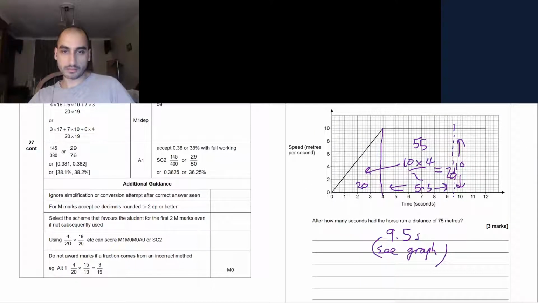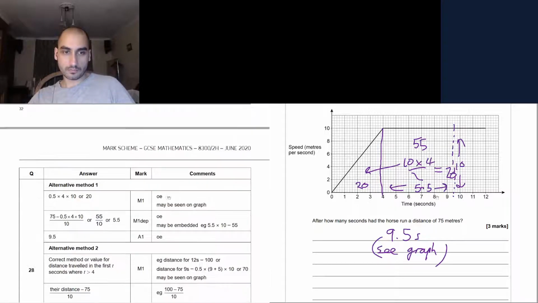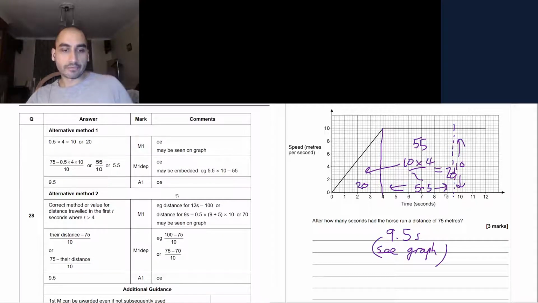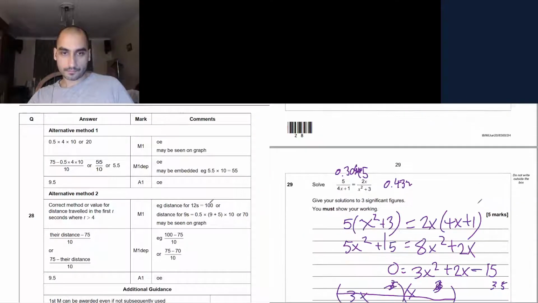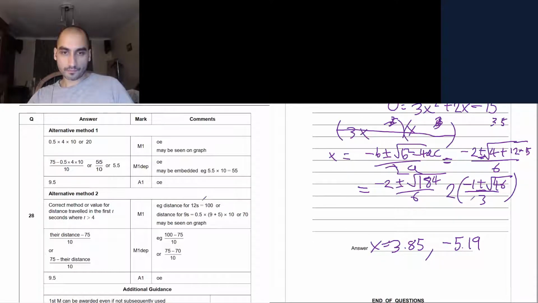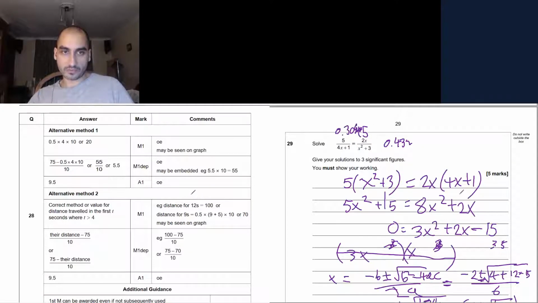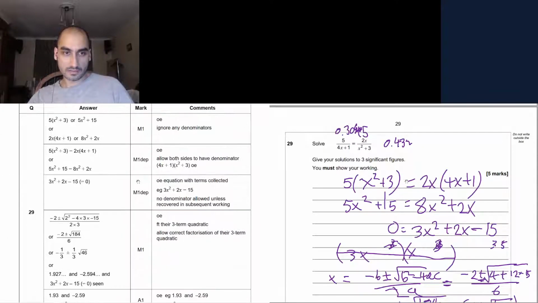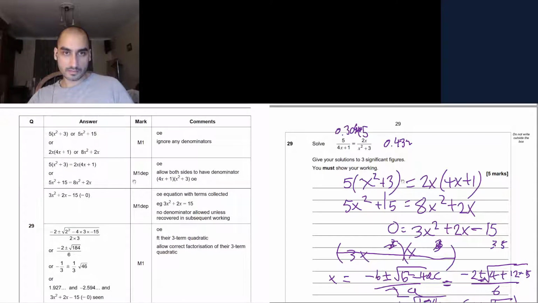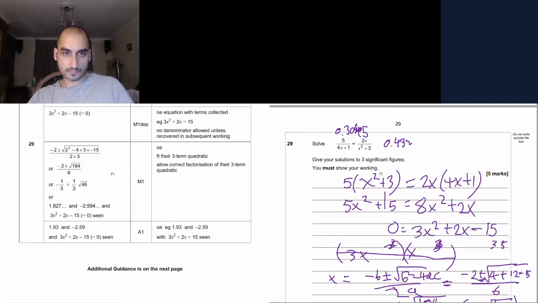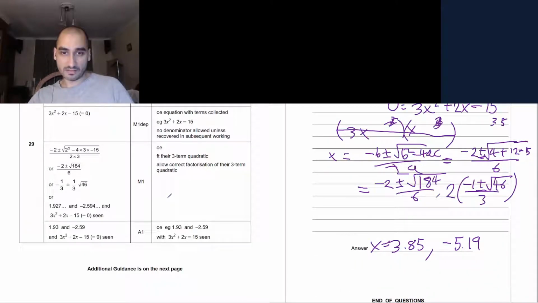Alright, 28. $9.5. Yep. And I did show working, it was just up there. Okay. This, I think I might have got this wrong. 29. $1.93 and minus 2.59.